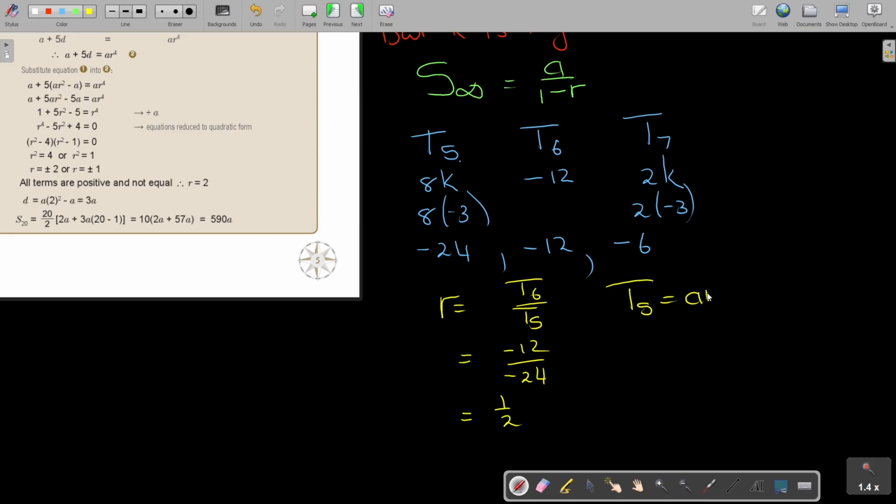If I'm going to take T5, because I want the value of a, negative 24 equals a times r, which is a half, to the power of 4. So it's negative 24 equals a times 1 over 2 to the power of 4, and 2 to the power of 4 is 16.